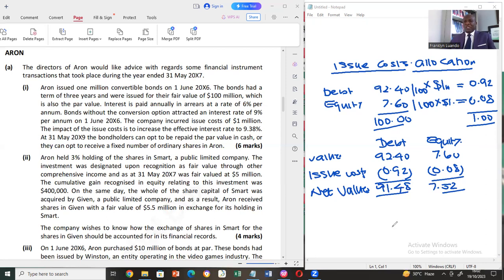So now we can measure the debt component at amortized cost.